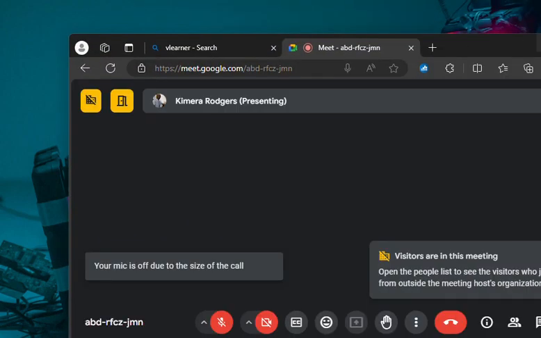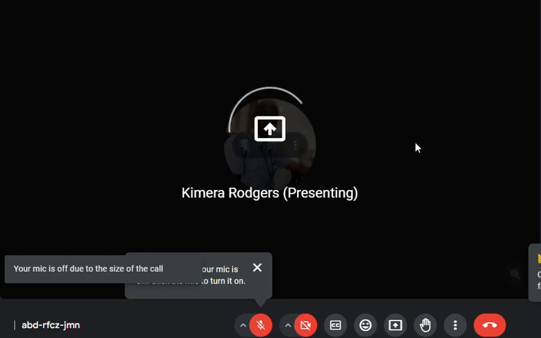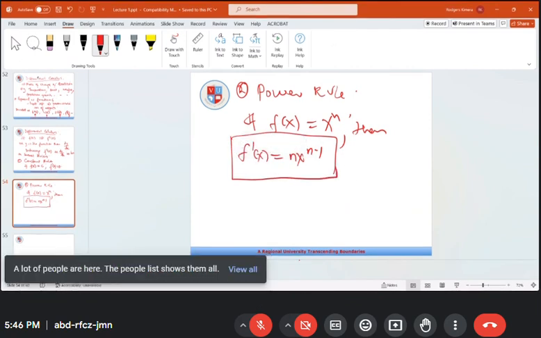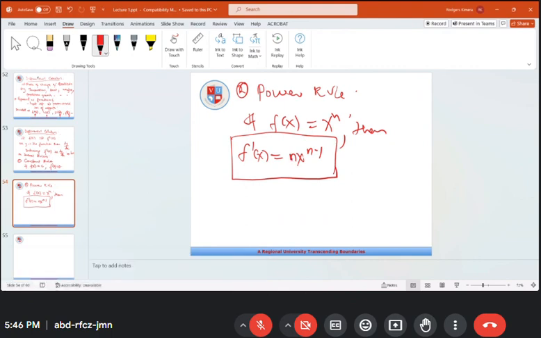then f prime of x is equivalent to n x^(n-1), meaning we get the power and multiply it by x, then you reduce the power by 1.